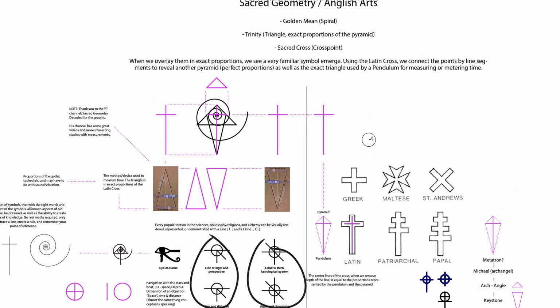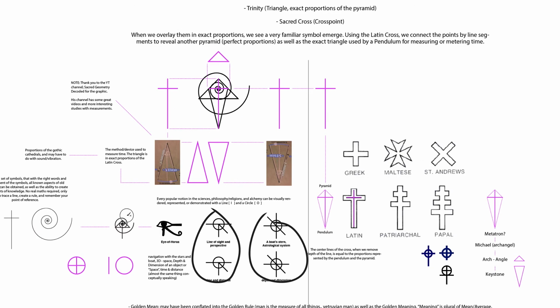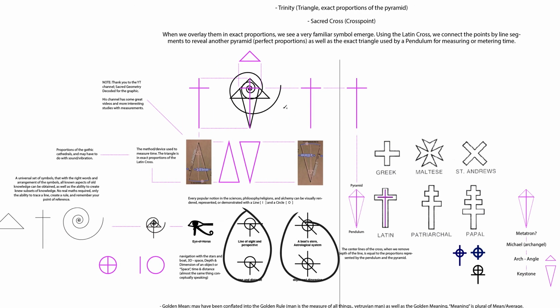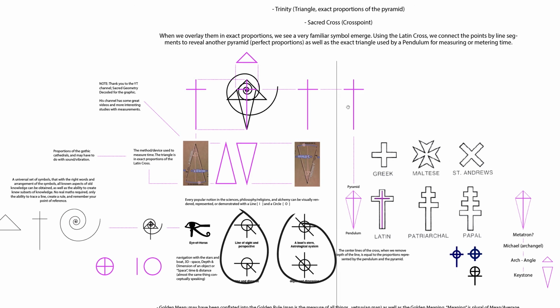I have no proof that it's not, but that's a big coincidence to have both the proportions of the pyramid, the distance from the pendulum that we use to measure time, and the golden ratio being overlaid, both of those objects, which are also highly coveted Christian geometric shapes, and revealing all of our arts sort of do have an origin, at least with proportions and measure.